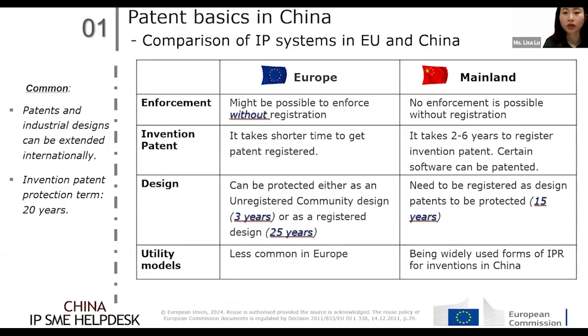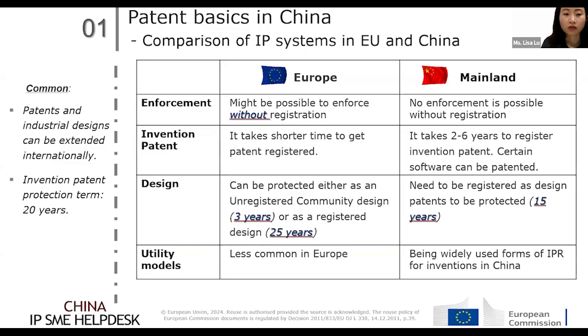And I believe a lot of the participants are from Europe. So for your easier understanding of the Chinese patent system, I made a comparison of IP systems in Europe and China. So if you see the common, you can see that patents, including the invention patent and utility models, as well as the industrial designs, can be extended to China and in Europe internationally.